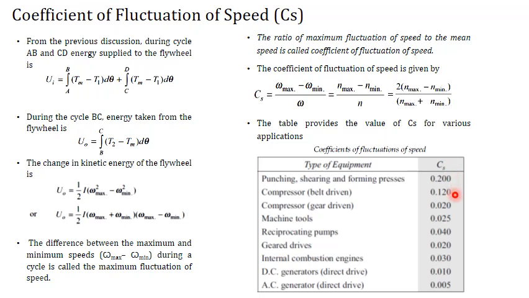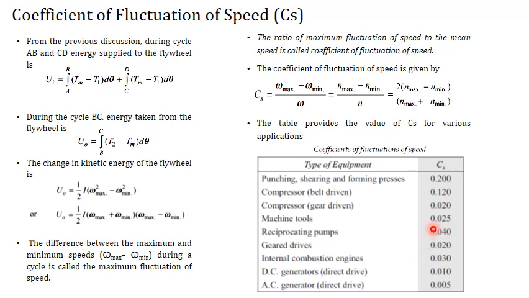For compressor, the fluctuation of speed is highest and it is 0.120, when it is driven by belt. But when it is driven by gear, the fluctuation of speed is low and it is measured up to 0.020. In machine tools, the fluctuation of speed is again very low, it is 0.020.